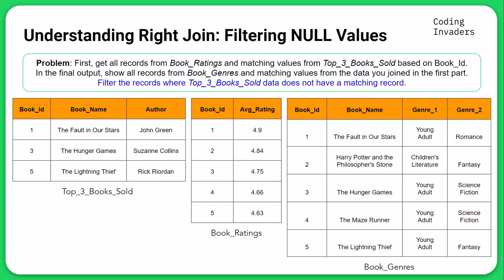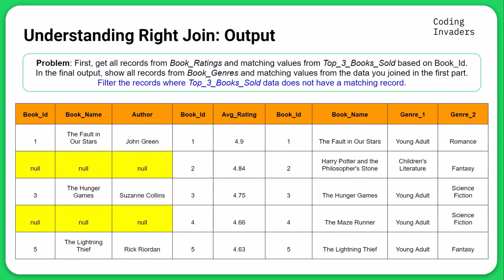So now let's try one more modification to this problem. What is that? Filter the records when top 3 books sold data does not have a matching record. Apart from the topmost problem, we are just adding one more condition. To solve this, let's see the previous output.